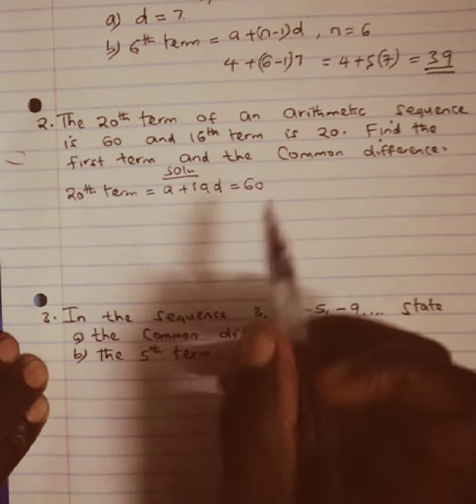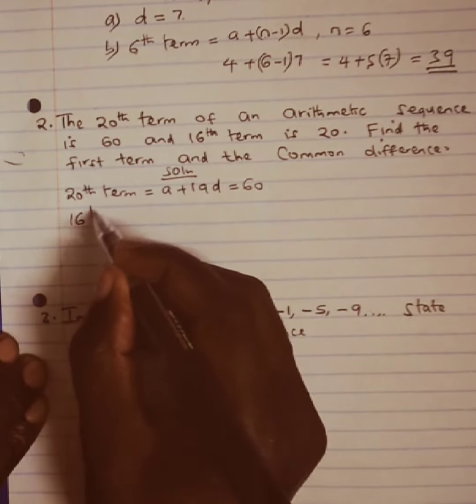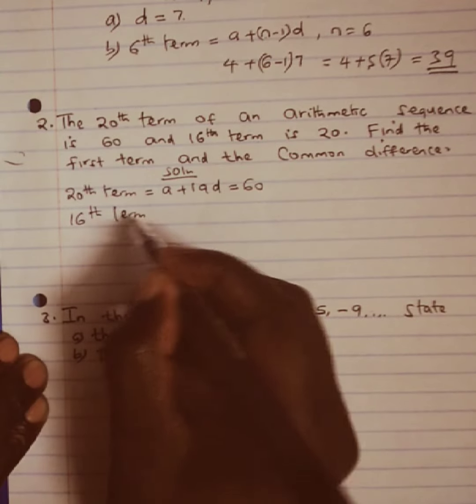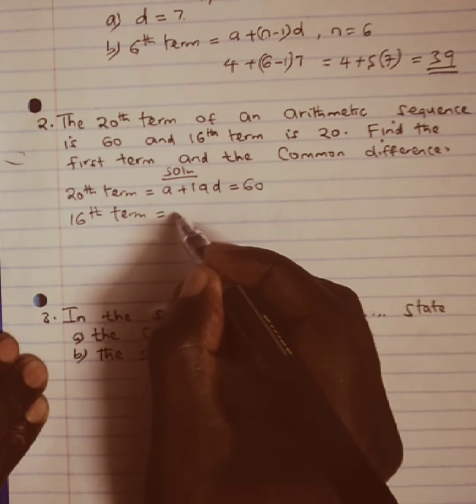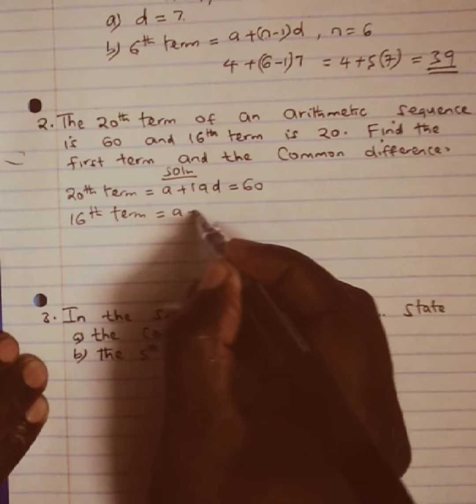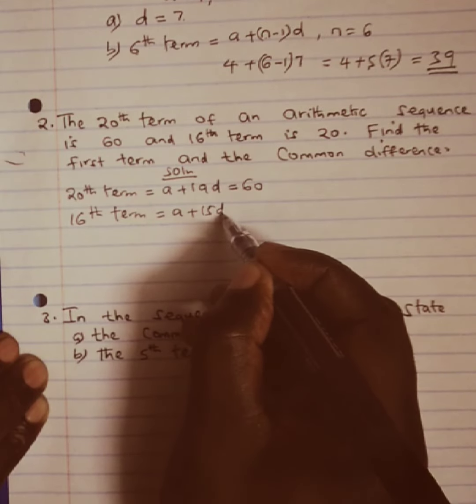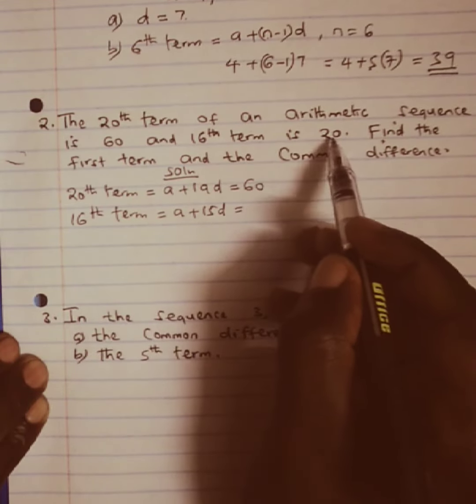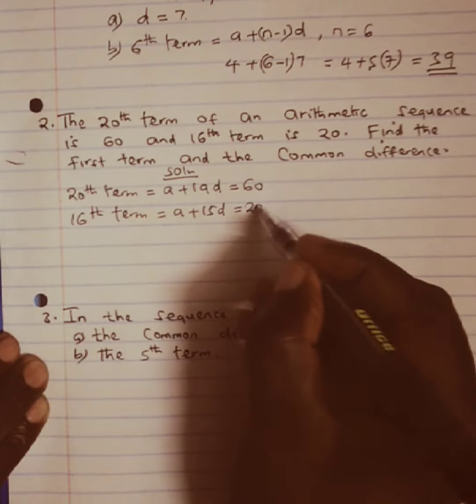And the 16th term, we know the 16th term is going to be equal to a plus 15d, and we are also told that it is 20.